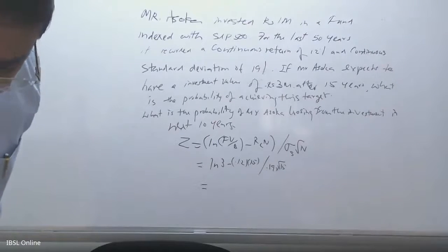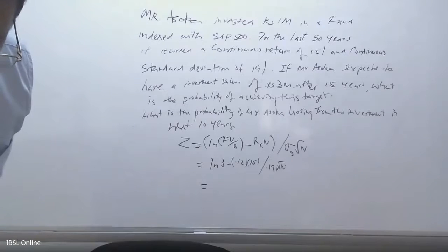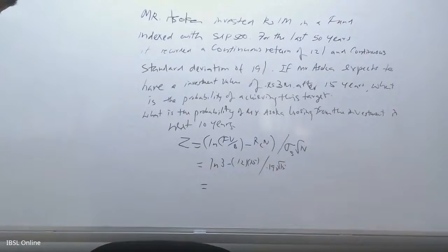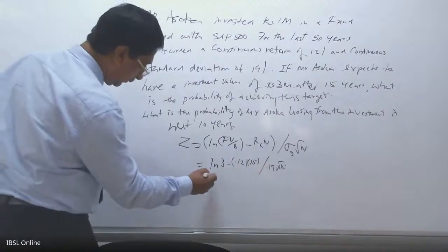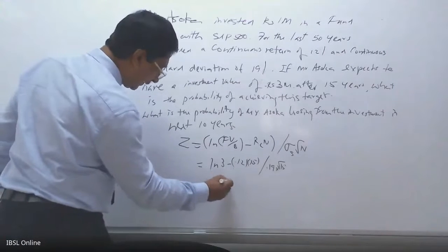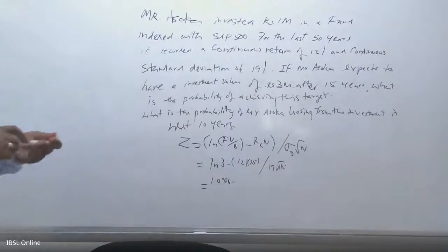Log 3 is 1.0986 minus 0.12 into 15. 0.12 into 15, that is 1.8.